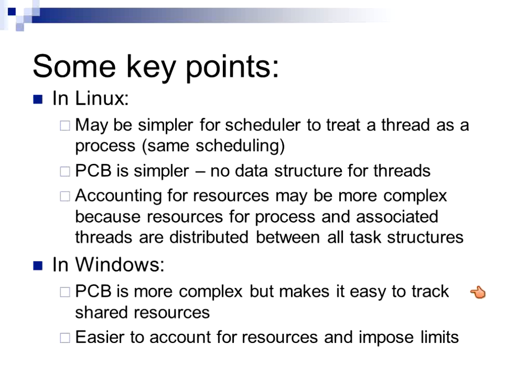So one process control block in Windows can hold information about all the different resources that are being shared by all the threads. So it's much easier then to account for the resources in a Windows system and impose limits. Okay? So that's kind of what I was looking for.